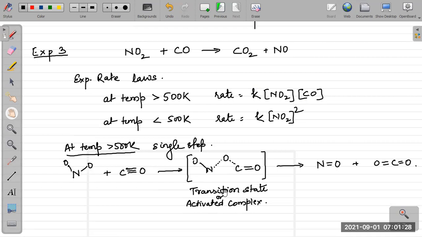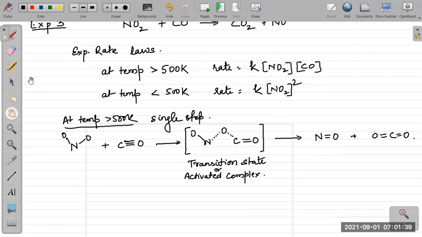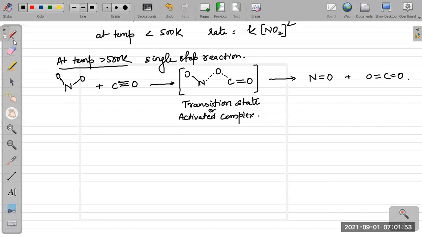So at temperature greater than 500 Kelvin, because it has this type of rate law, it happens to be a single step reaction. इसके अलावा कोई और हमारे पास तरीका नहीं होता है, we can explain this. But at temperature less than 500 Kelvin, it is going to be a multi-step reaction with this kind of behavior.